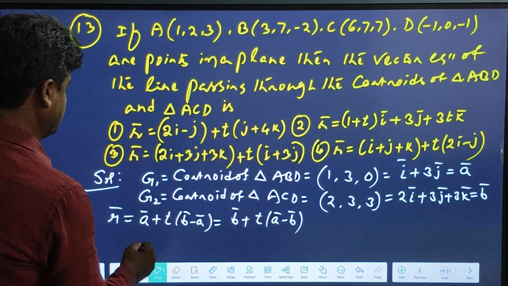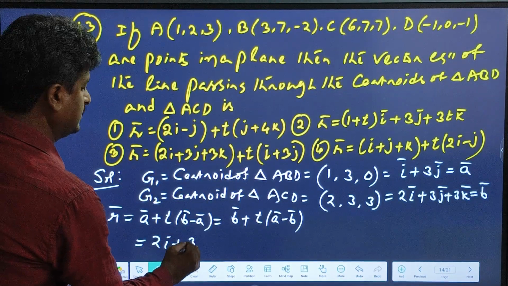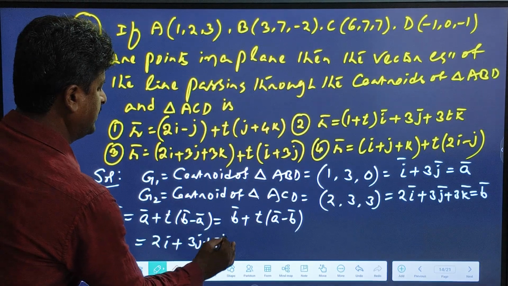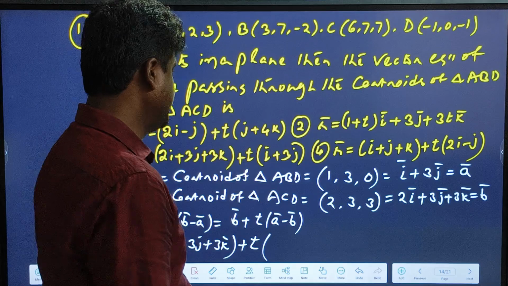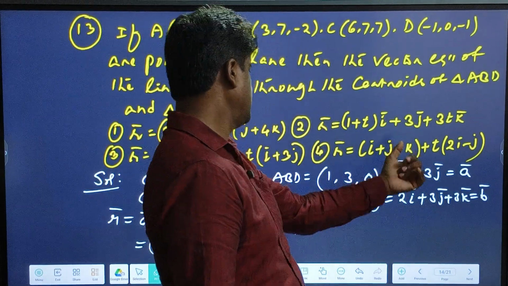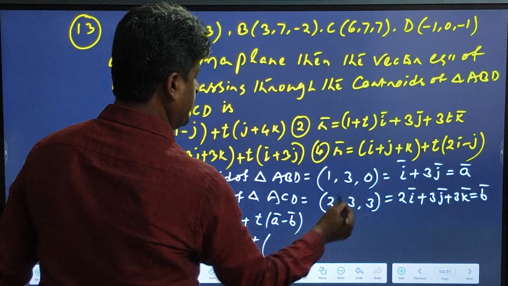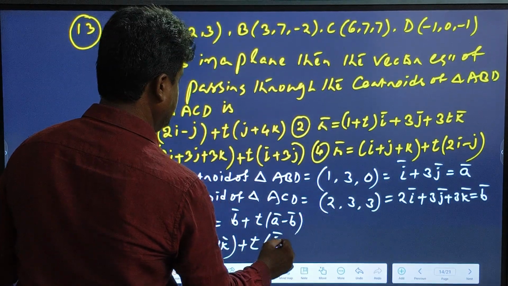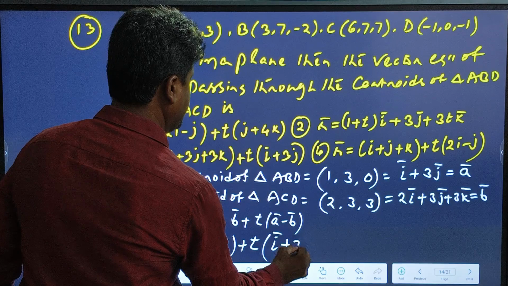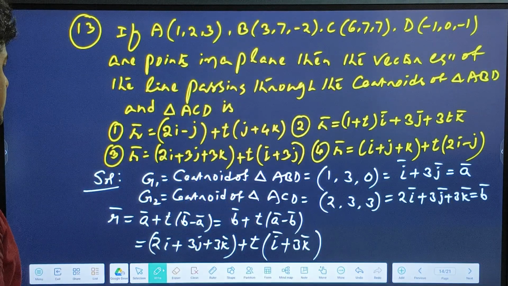That's why b bar, plus we are using this 2i bar plus 3j bar plus 3k bar plus t times a bar minus b bar or b bar minus a bar. Okay, 2i bar minus i bar, 3j gets cancelled, plus 3k bar. Okay, so this is the answer.